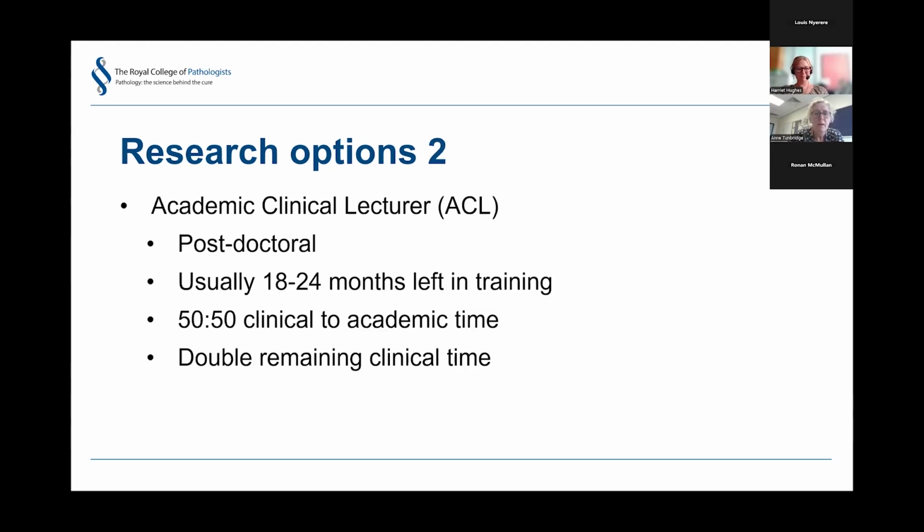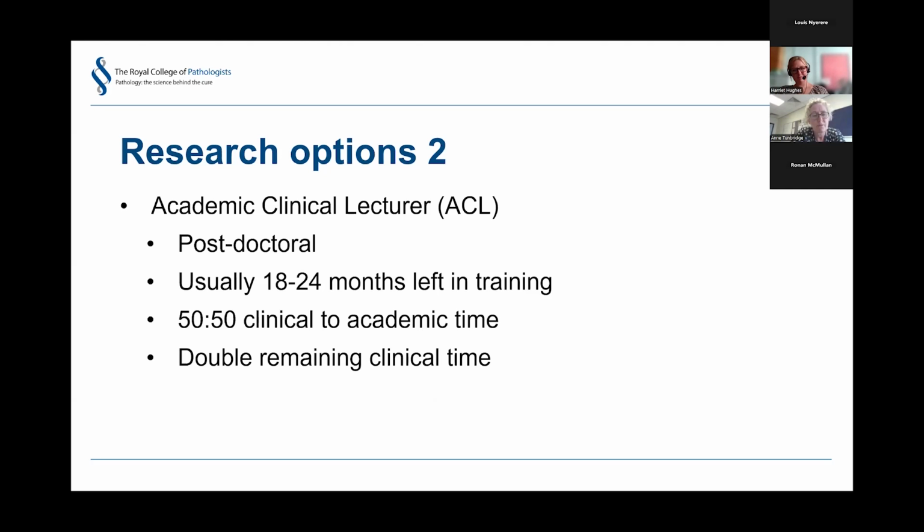If you're successful in gaining a doctorate, whether it's MD or PhD, then your next option may be to consider applying for an academic clinical lecturer post. The academics within your department, or regionally or nationally, will be advertising these. Usually they're tailored when they're aware of people who have got research that marries in with their local interest.